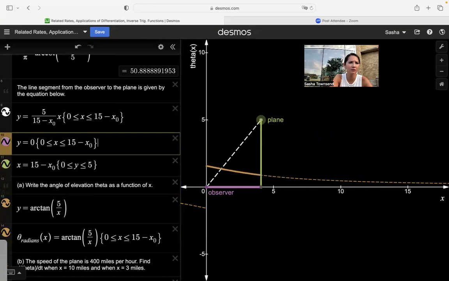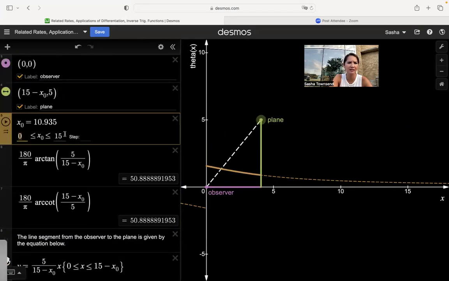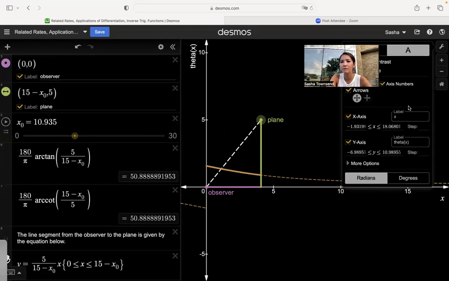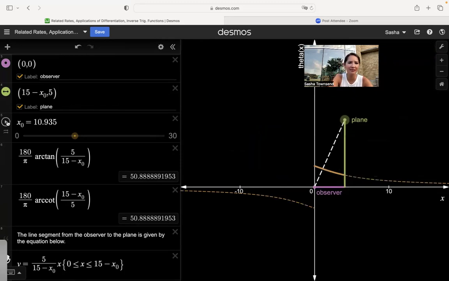Now, if you want to, we could have allowed the x values to go beyond 15. So let's go to 30. Then the graph would look like this.